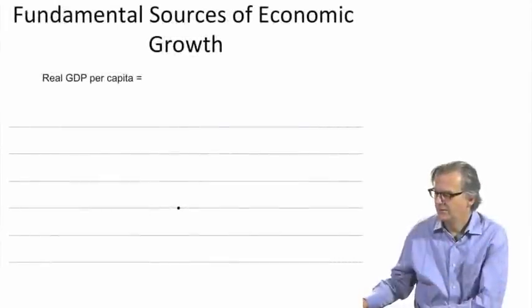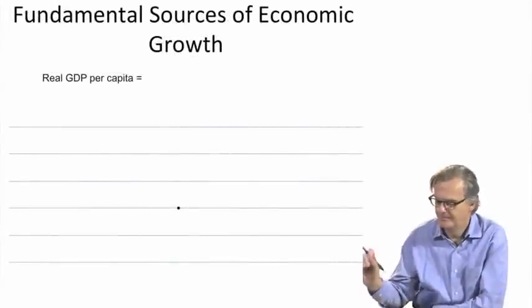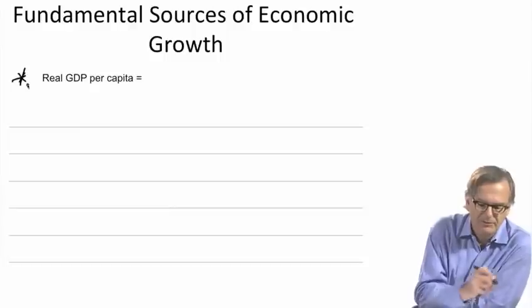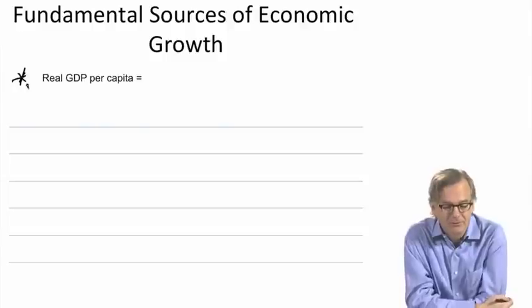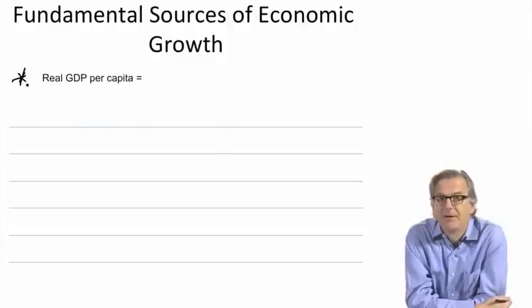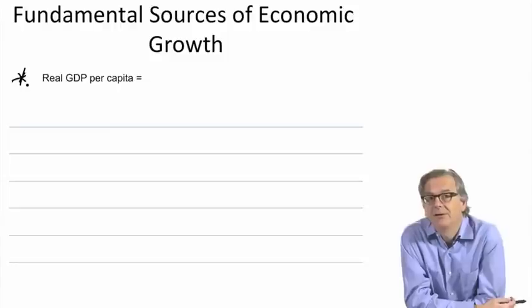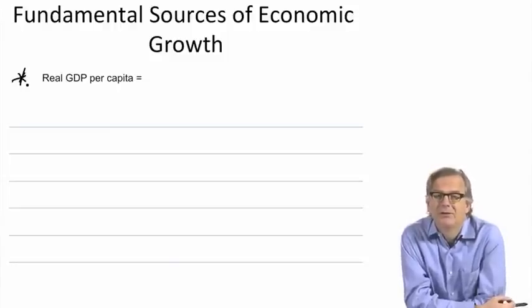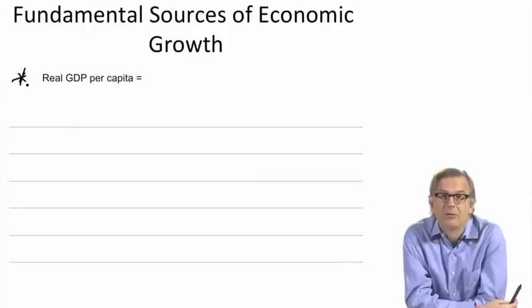So let me explore this a little bit. In the study of economic growth, ultimately what we're trying to explain is this: real GDP per capita. Now, we know from the work we did on GDP that GDP itself is a very complex measure of economic activity, and it has this extraordinary characteristic of representing three things simultaneously: production, income, and expenditure. Think about it as income for what we're about to do.